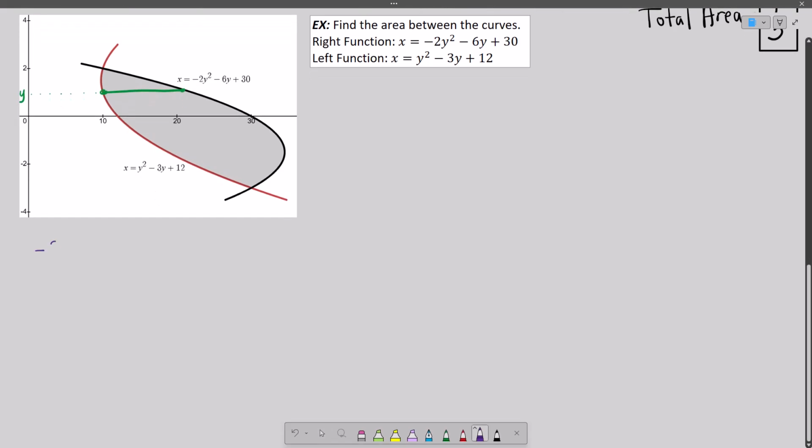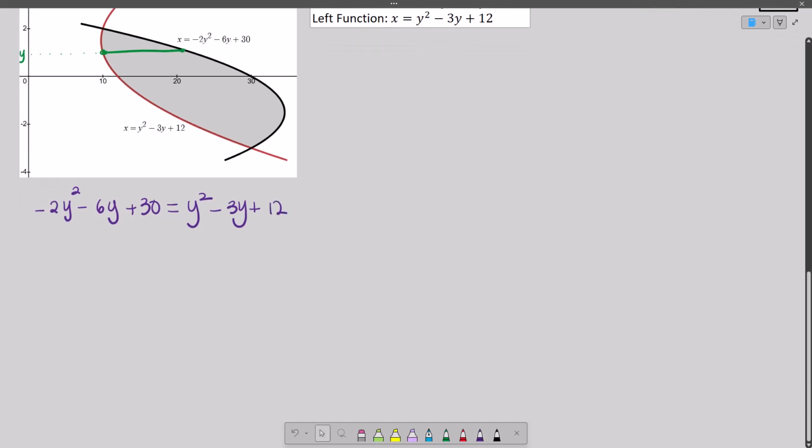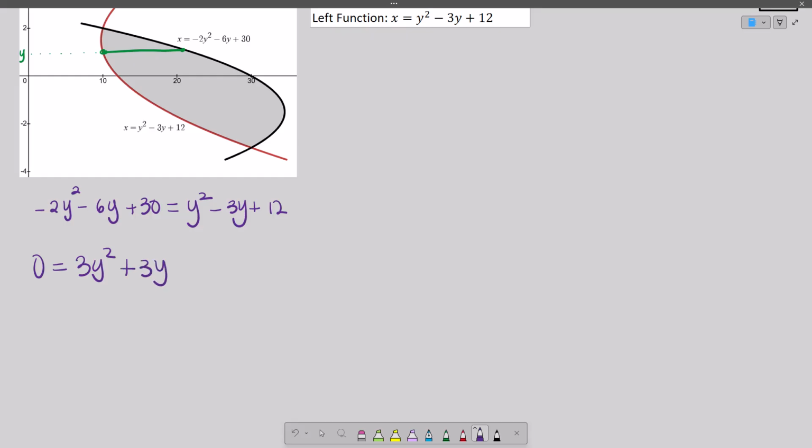So we're going to set negative 2y squared minus 6y plus 30 equal to the other curve. It's always easiest to factor when you have a positive number in front of the square term, so I'm going to move everything to the right. We'll get 3y squared plus 3y, subtract 30, so that's negative 18.